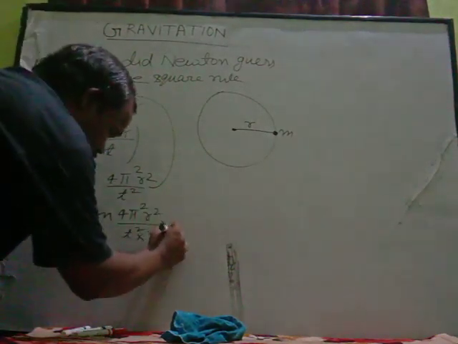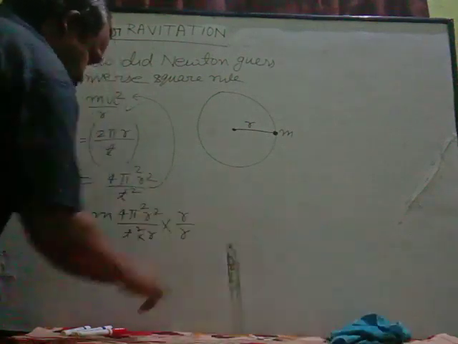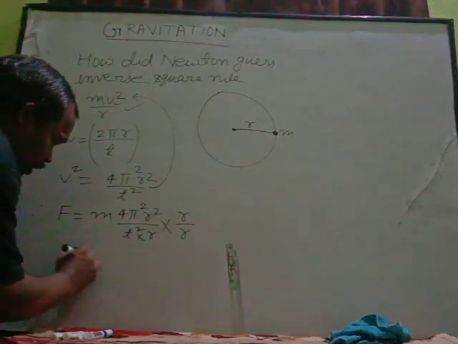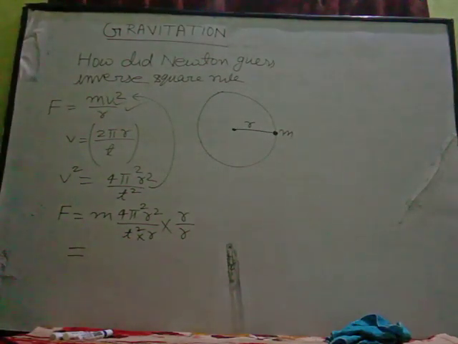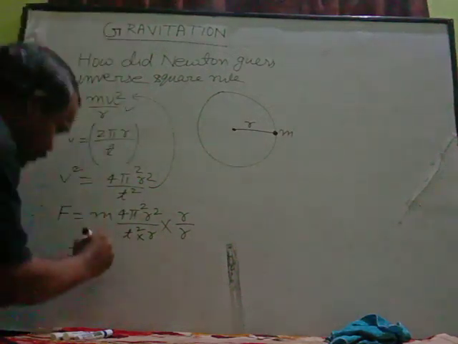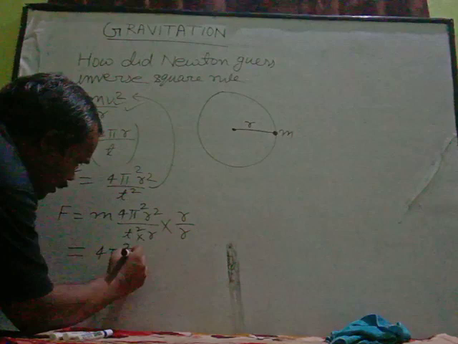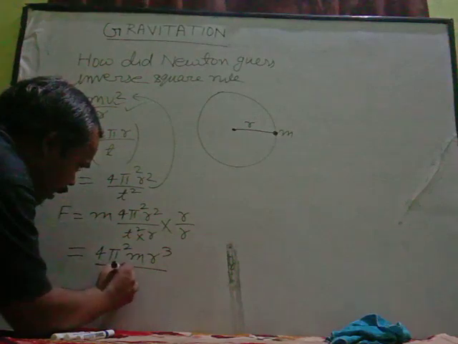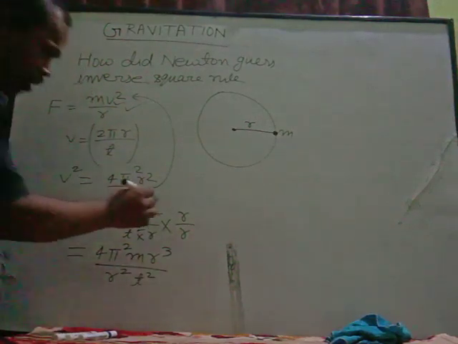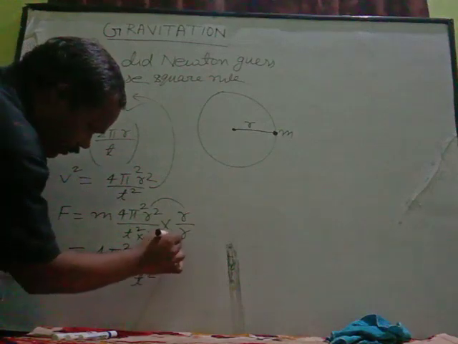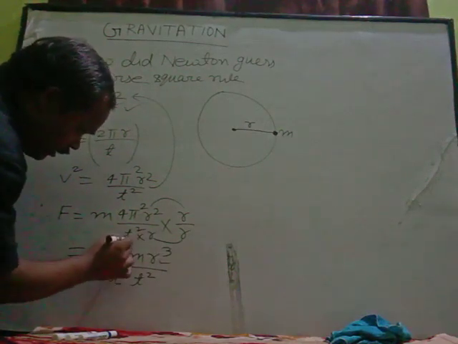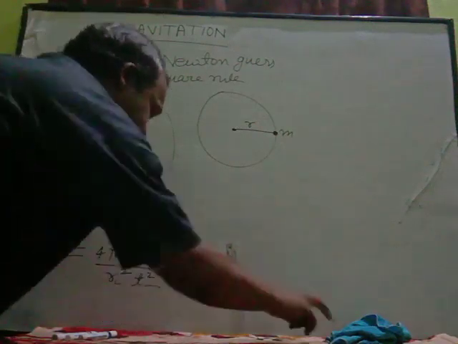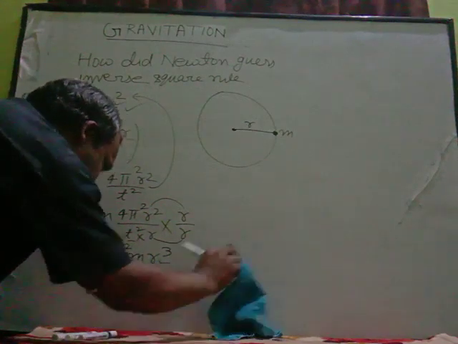Now you multiply this expression by 1. It is 1. So what will happen? It will be like 4 pi square m r cube by r square T square. देखो यहाँ पर r into r square, r cube, r into r square, T square is here. Try to understand.